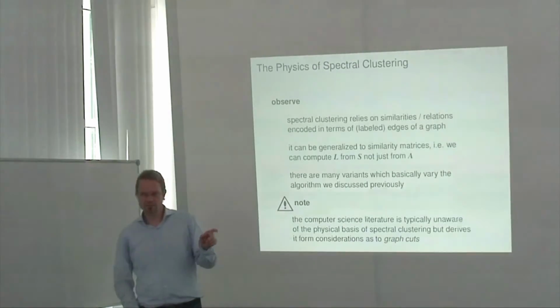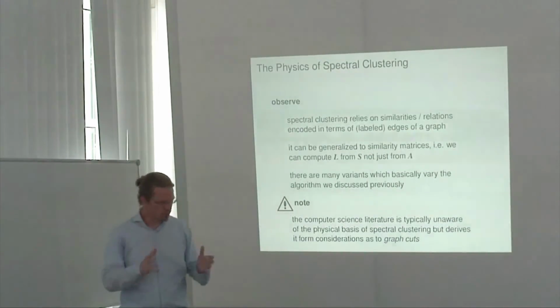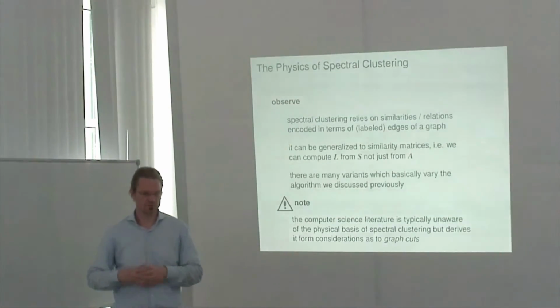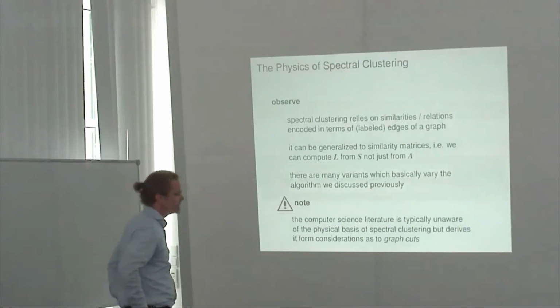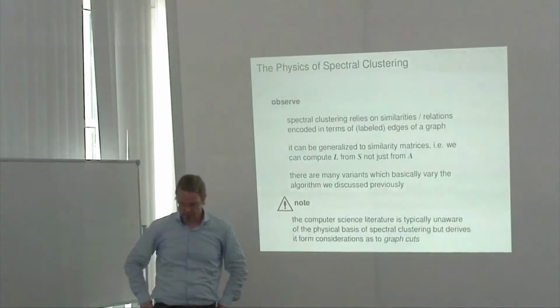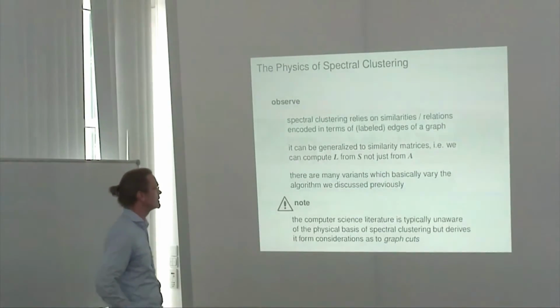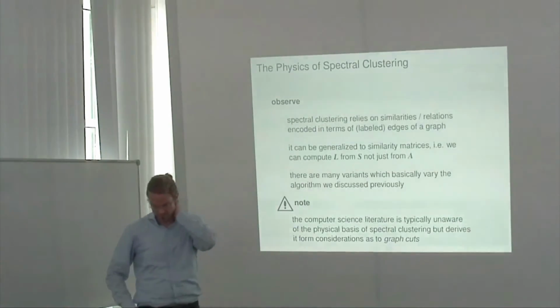These two things, degree and adjacency matrix, are solely topological aspects of a graph, and have nothing to do with how far the vertices are apart or where they actually are. They really just encode relations. And spectral clustering therefore relies on relations encoded in terms of edges.